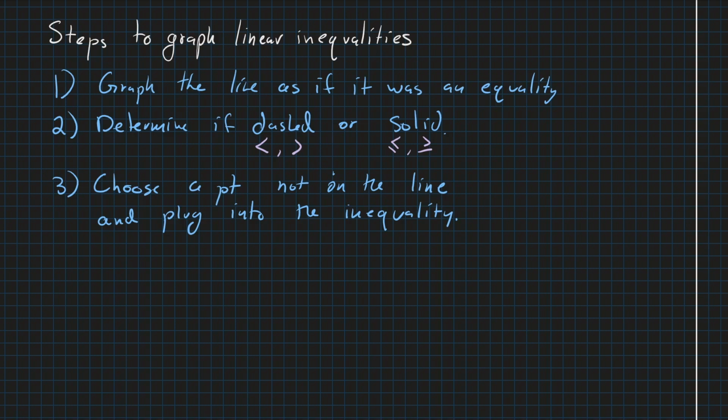We chose that point. It is not on the line. I just picked it at random. And notice that it satisfied the inequality. So if it satisfies the inequality, shade that region.